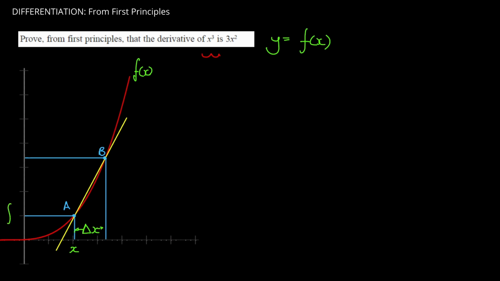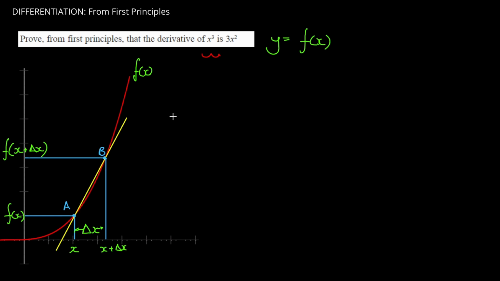Well, this point is f(x). This point is f(x plus delta x). We've just put x plus delta x, because that's what this point is, into our function.